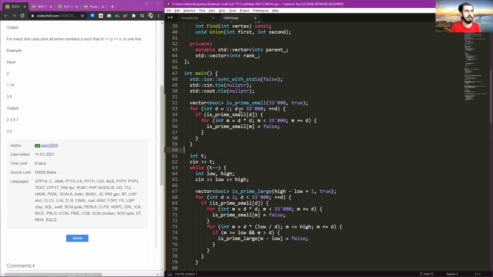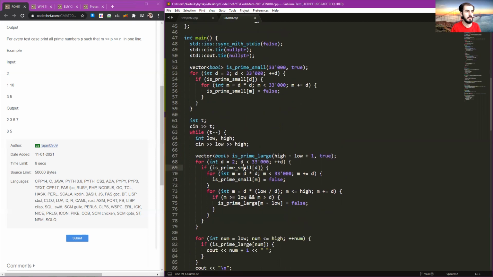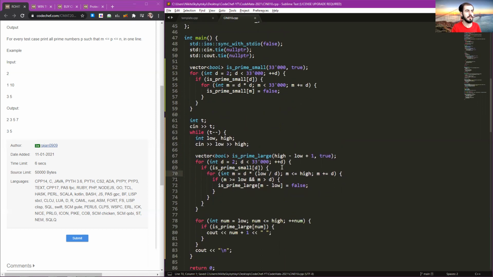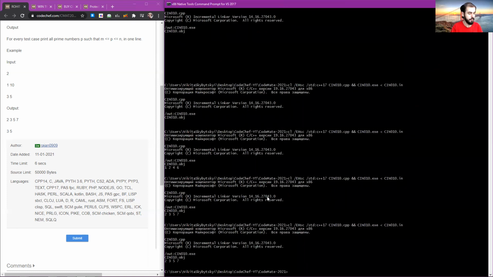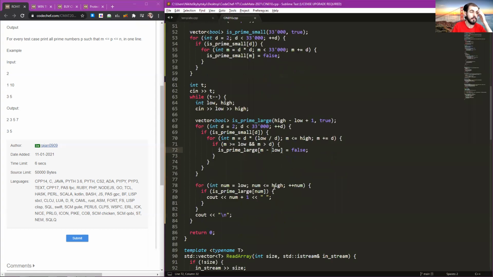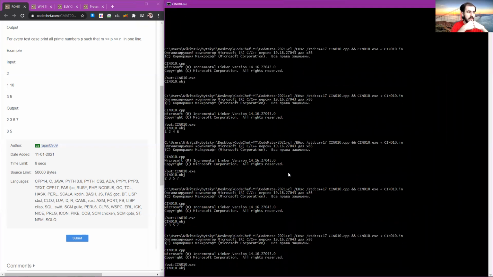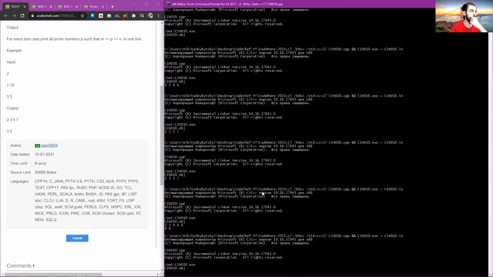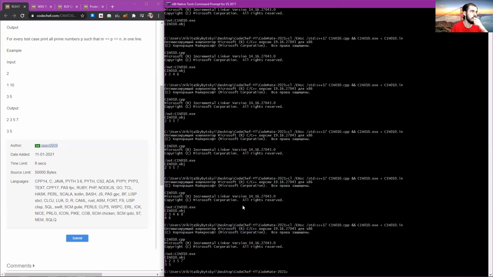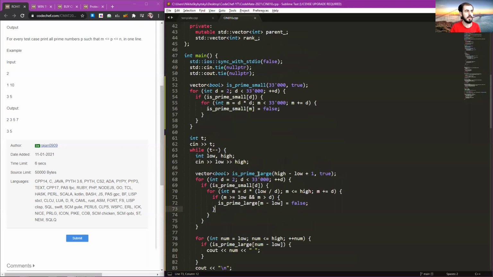This is a regular arithmetic sieve, right? And here we say if prime, then go here. Still not working. So is prime large at 3 at 5 is wrong. Right. What I was doing. One is not a prime number, I forgot about it.